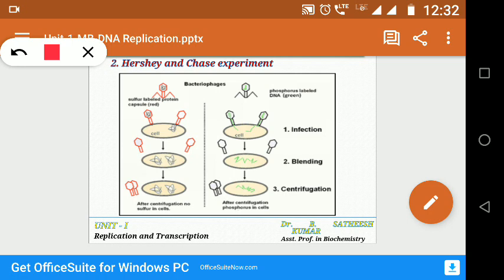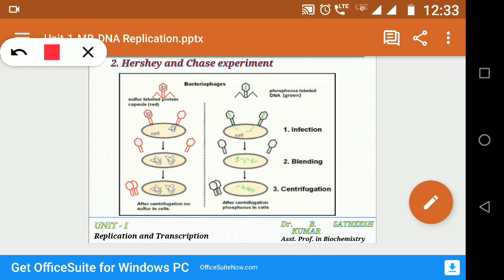So the bacteriophage comes and attaches to the cell membrane and injects the nucleic acids into the host cell. So when they blended the total solution, the attached protein coats are removed, easily dissociated from the surface of E. coli cells, and after that the solution was subjected to centrifugation.